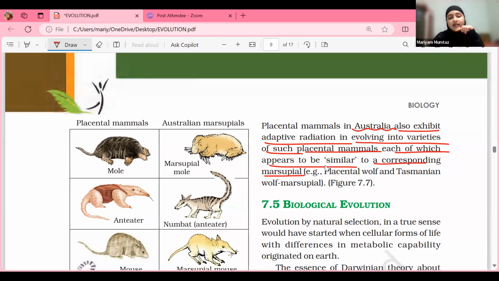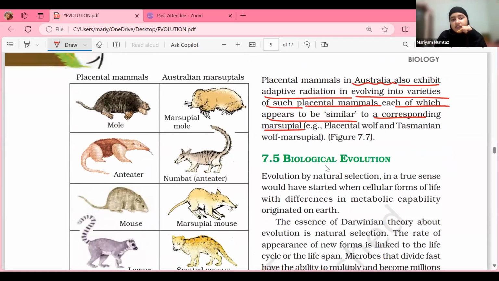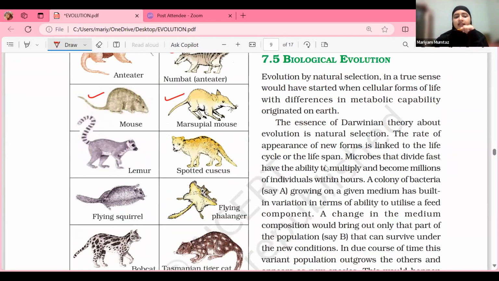Let us see what the examples are. The mole, which is a placental mammal, would be similar to the marsupial mole. The anteater will be similar to the numbat, which is the marsupial anteater. The mouse to the marsupial mouse. Then the lemur to the spotted cuscus. Then comes the flying squirrel to the flying phalanger.